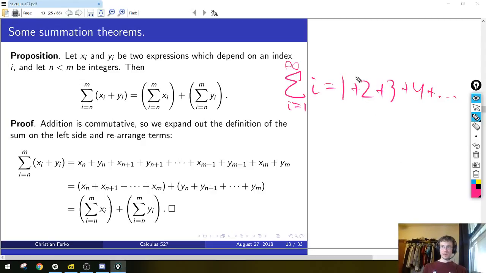So obviously this sum is infinite, right? If you add up all of these things, the numbers are getting bigger and bigger. So the only reasonable thing to expect the sum to be is infinity. So this is what we would expect. But I mean, not really. Well, what would you call it then? What would you say it is?